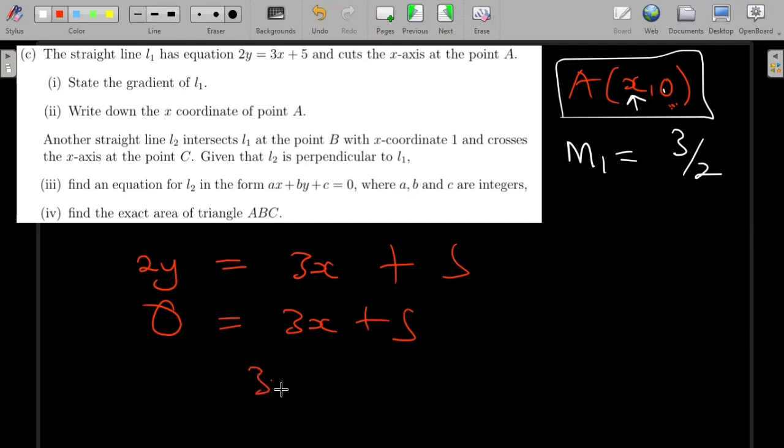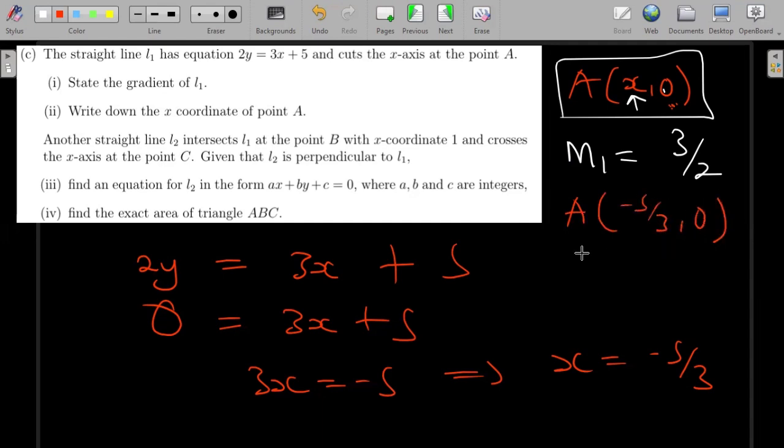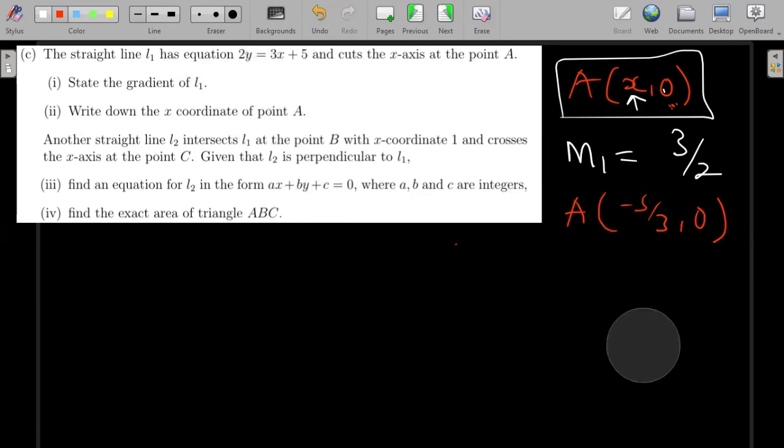And then this will mean 3x is equal to minus 5, which will mean x is equal to minus 5 over 3. That will be the x coordinate of that point. So it means point A will just be minus 5 over 3 comma 0. All right, and then let's continue reading this question and solving it.